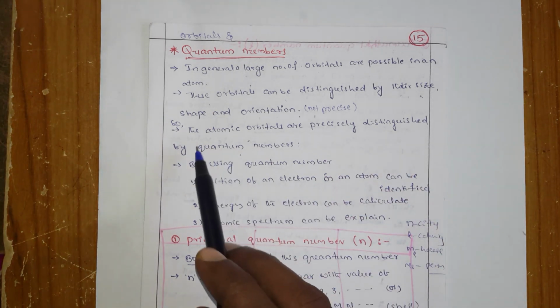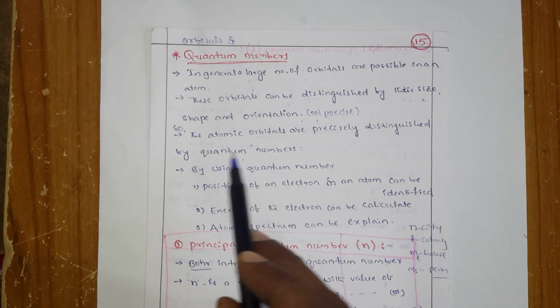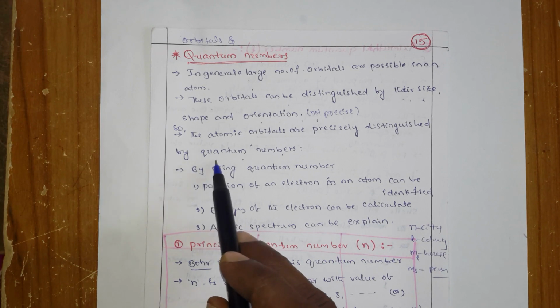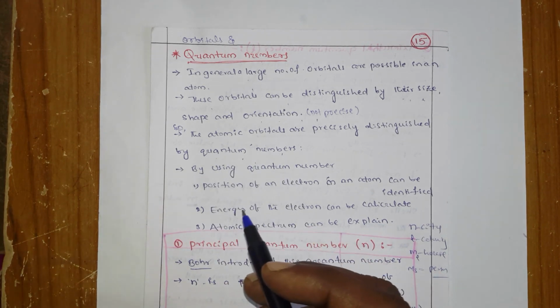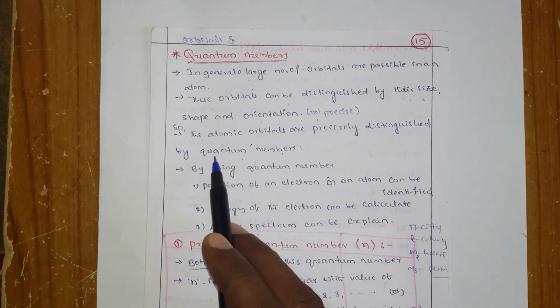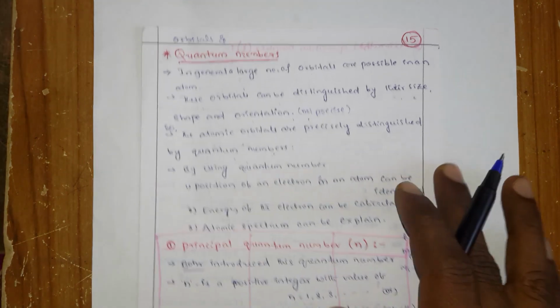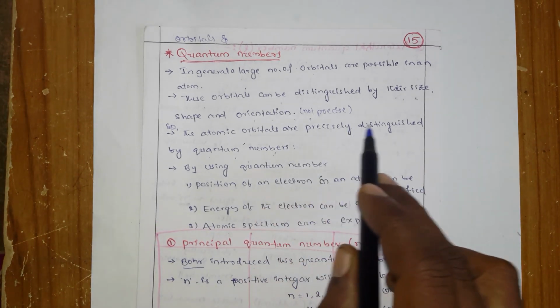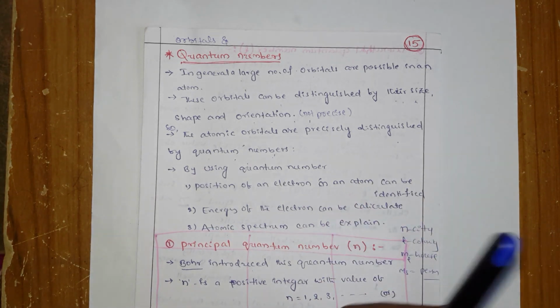That is the reason they used some numbers, which they called quantum numbers, because they are doing all these things using quantum mechanics. By using some numbers, they distinguished the orbitals precisely and accurately.